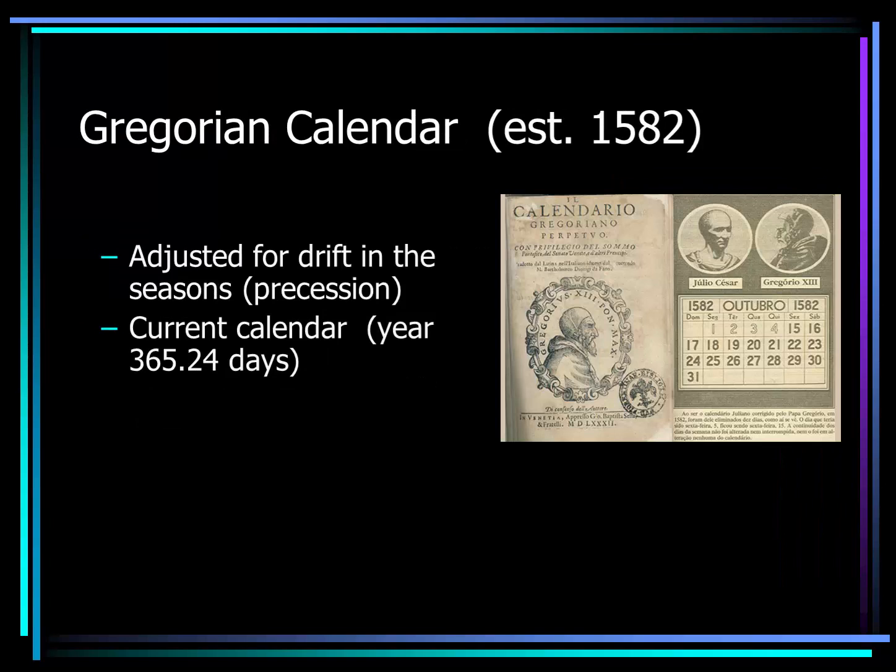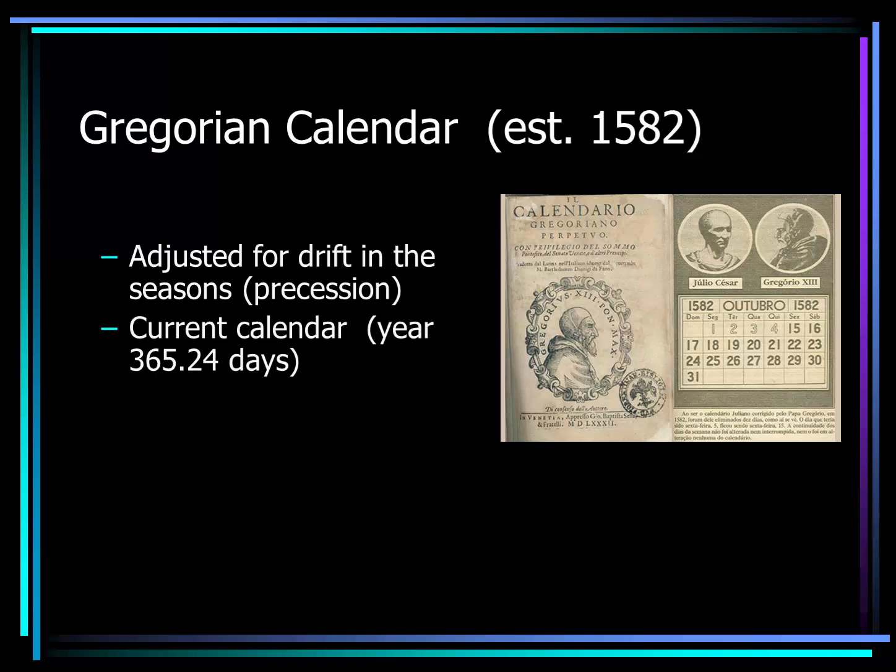Then the Gregorian calendar. The Catholic Church, under the auspices of Pope Gregory, realized that many of the religious holidays were falling out of sync with the seasons. This is due to the Earth's precession, or the wobble of the Earth's axis. Because of this, there was an effort to adjust the calendar so that these religious holidays would continue to fall in the same season.